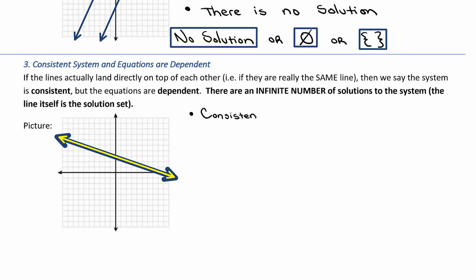But they are technically the same width. One isn't really thicker than the other. I just wanted to make that emphasis. So we call this a consistent system, and the equations are dependent.